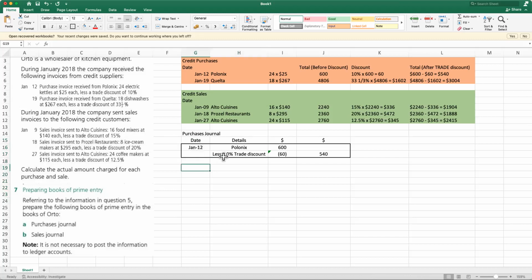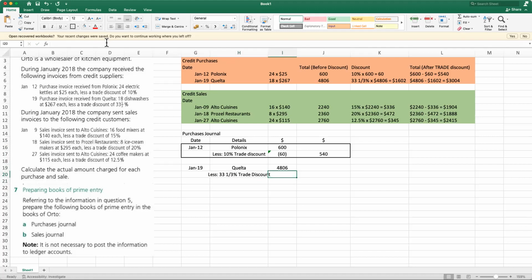So you can just do it right here. We can do January 19th for Kelta. So you can do the same for 1,806. Then we have to less how many percent trade discount? 33 and a third. You remember 33 and a third percent is actually 1/3 of the value. Trade discount.